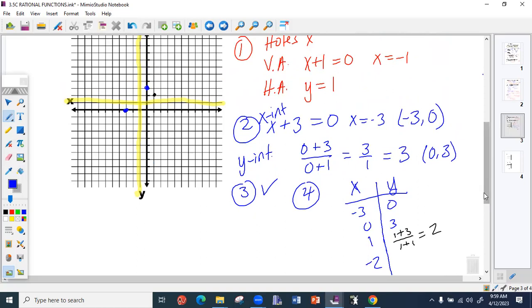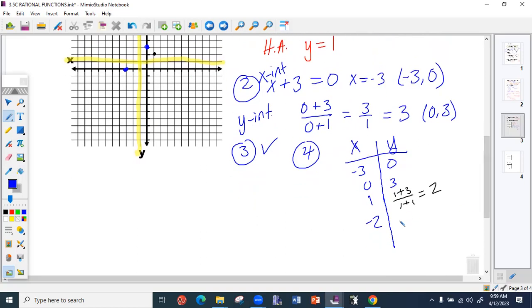Okay, if I plug in -2, I get -2 plus 3 over -2 plus 1. And I get what? -1. So at -2, it goes down to -1. And that's plenty of points. You just need another point to help guide yourself out.